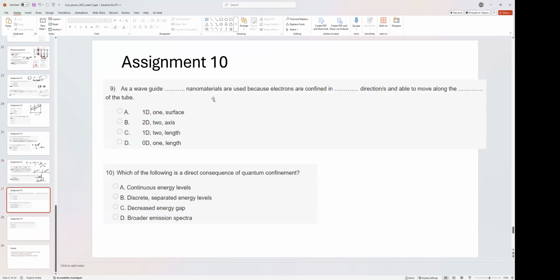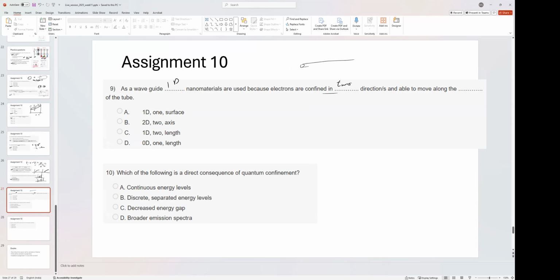As a waveguide, nanomaterials are used because electrons are confined. Waveguides are usually 1D material. In 1D, your confinement is in two dimensions.